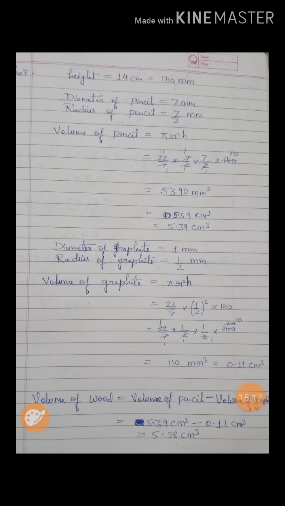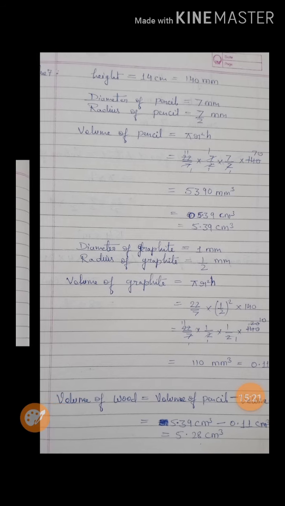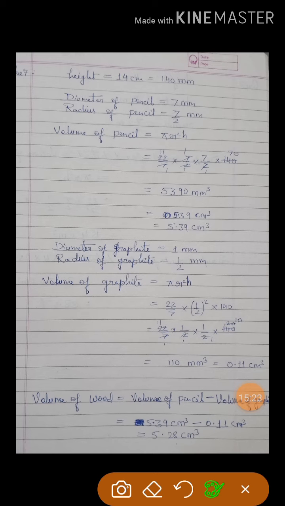Firstly we shall write the values whatever is given. Height is given 14 centimeter. Now we are finding the volume of the pencil, meaning the overall volume of the pencil. The diameter of the pencil is 7 millimeter, so the radius of the pencil is 7/2 millimeter.